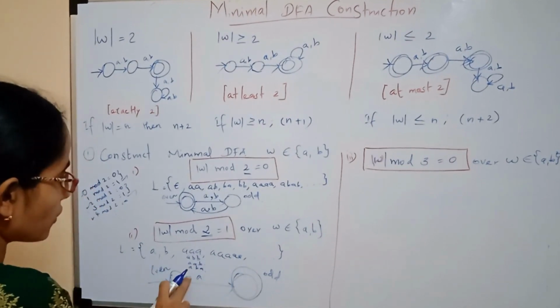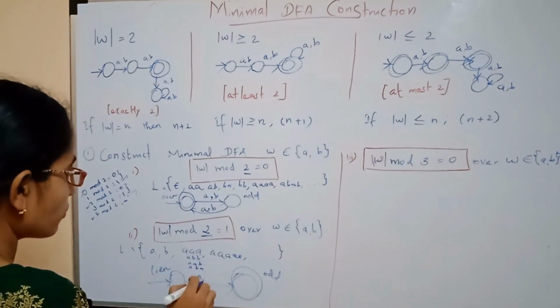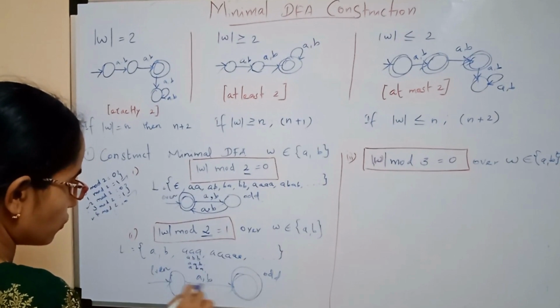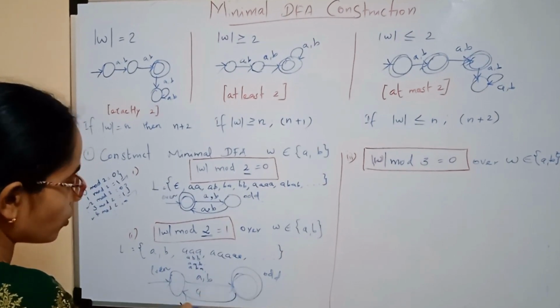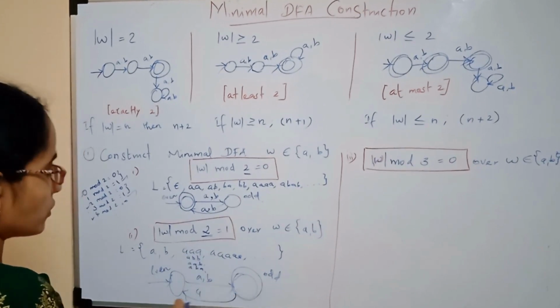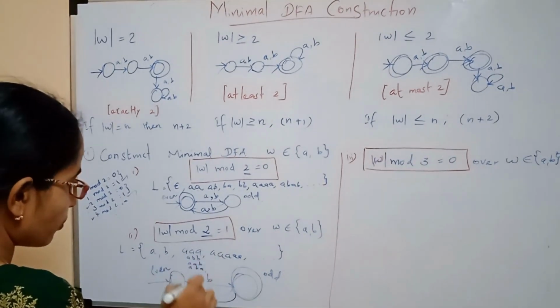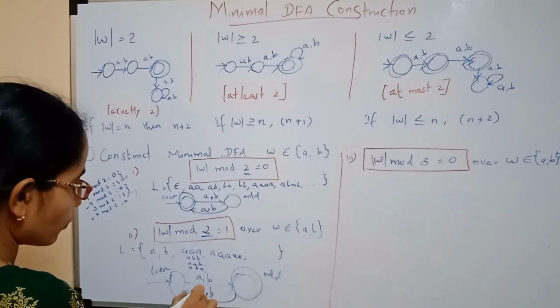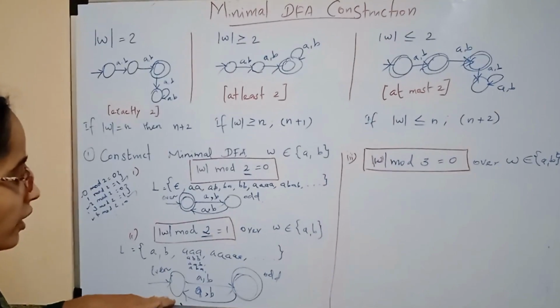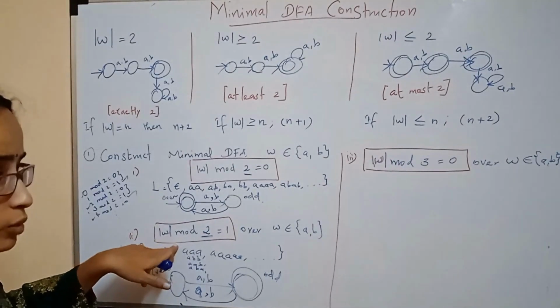When I get A, I accept. When I get B, I accept. When I read A again, another A, so 3 A's are read by the states. If I say BBB, likewise you can have it. This is the finite automata construction for this problem statement.